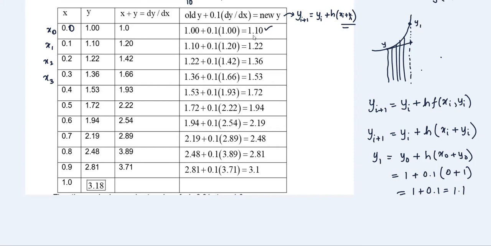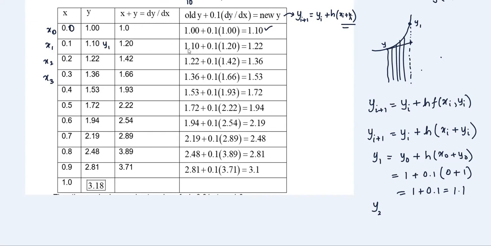Next, this becomes the next iterative point. So 1.1 is copied here because this becomes y1.